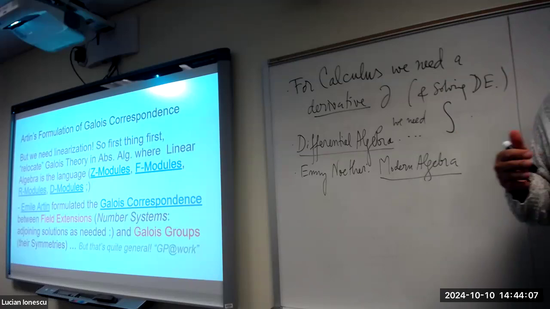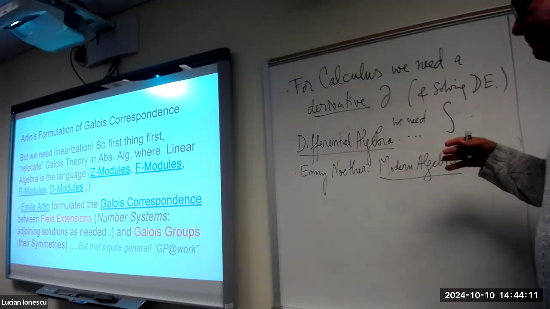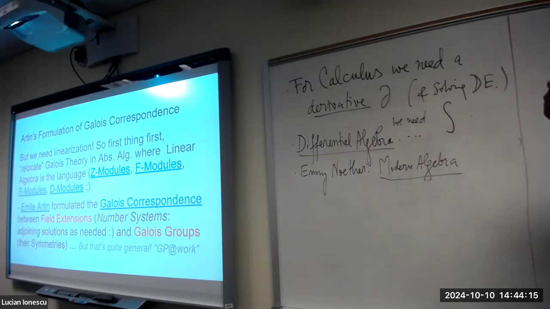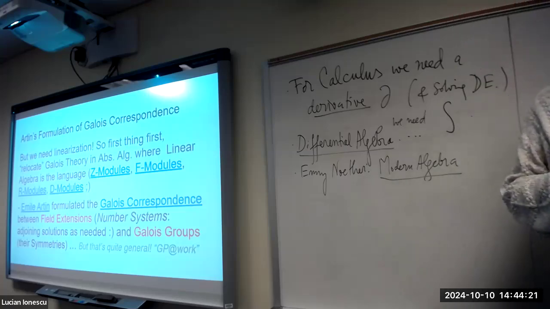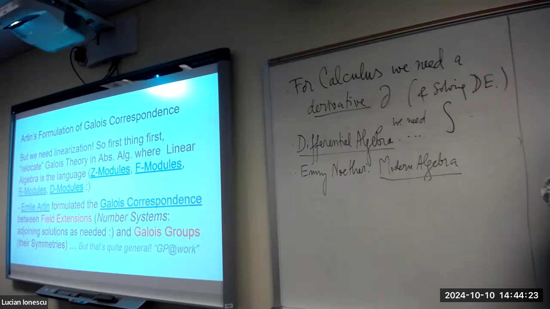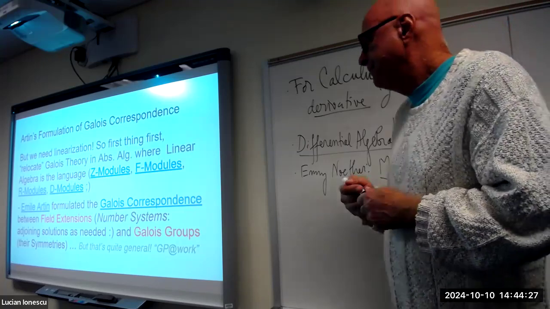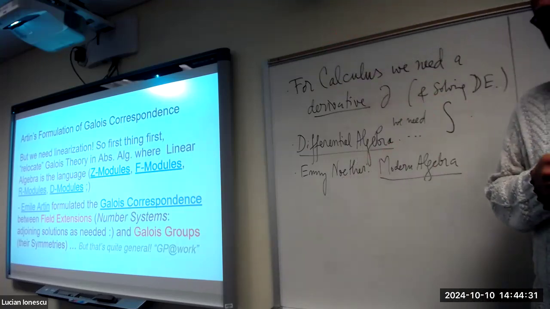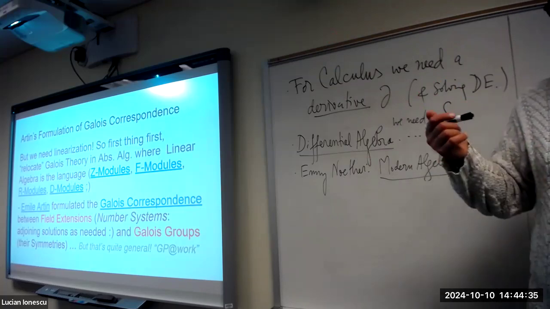But for right now, with this new modern algebra developed, theory of rings, modules, Artin reformulated Galois theory in terms of fields and field extensions, and then the corresponding symmetries of these fields with the subfield field extensions.